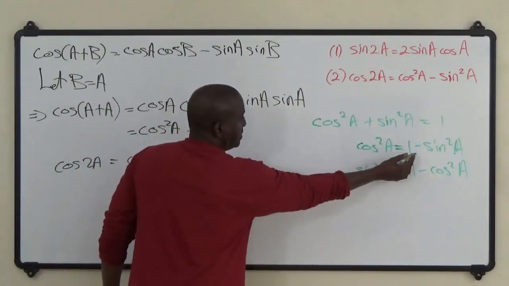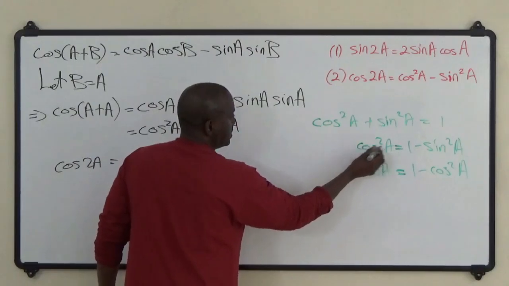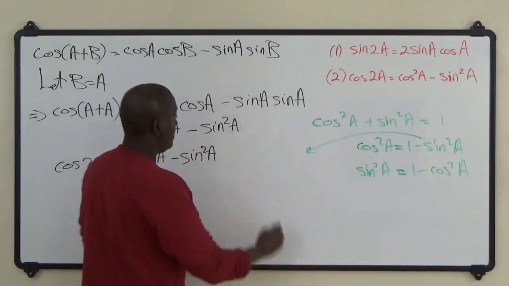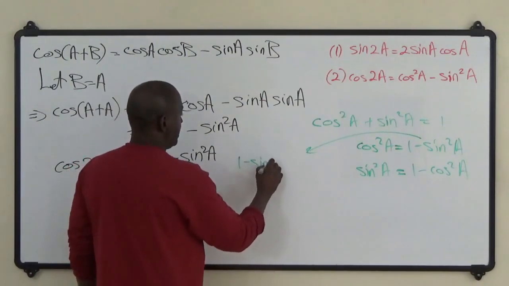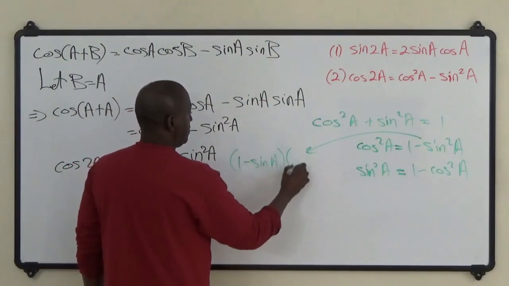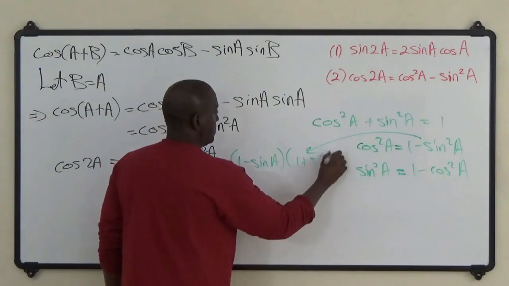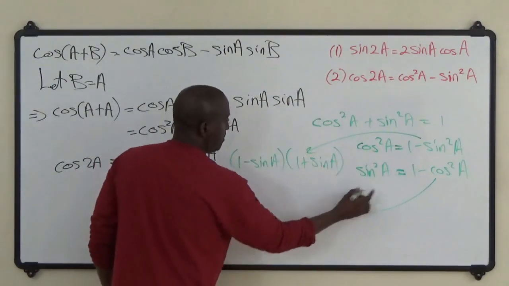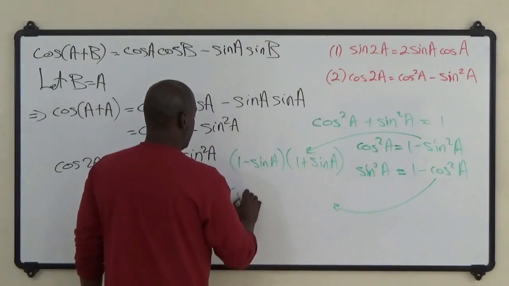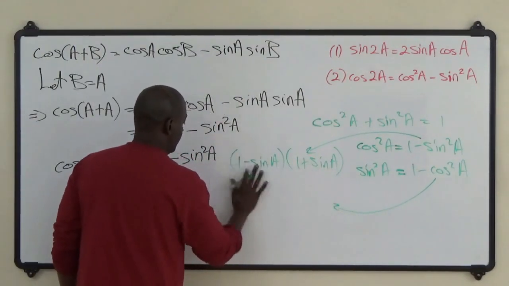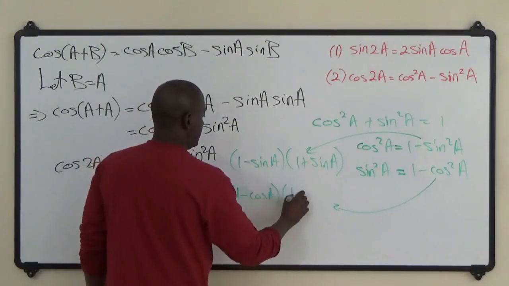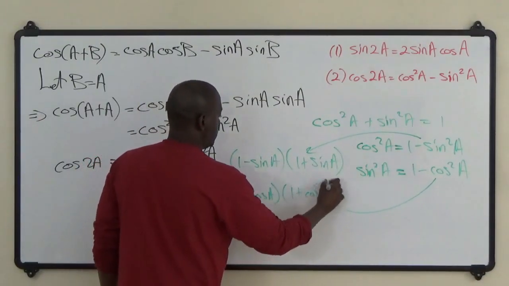Cos squared a is equal to 1 minus sine squared a, which, if you employ the difference of 2 squares, you'll get 1 minus sine a into 1 plus sine a. And by the same token, you could express 1 minus cos squared a as 1 minus cosine a into 1 plus cosine a.